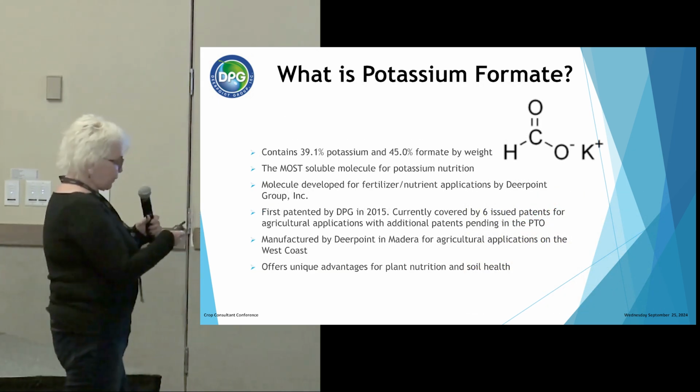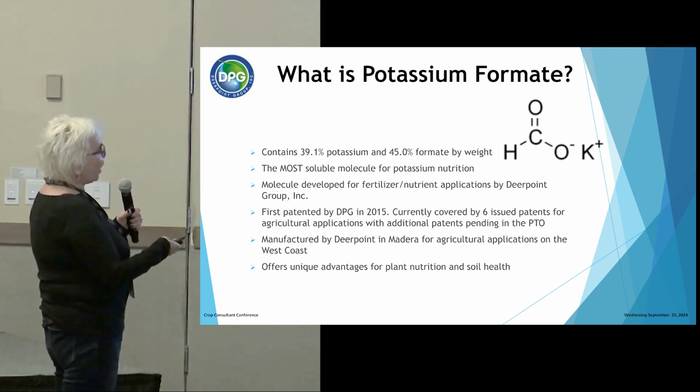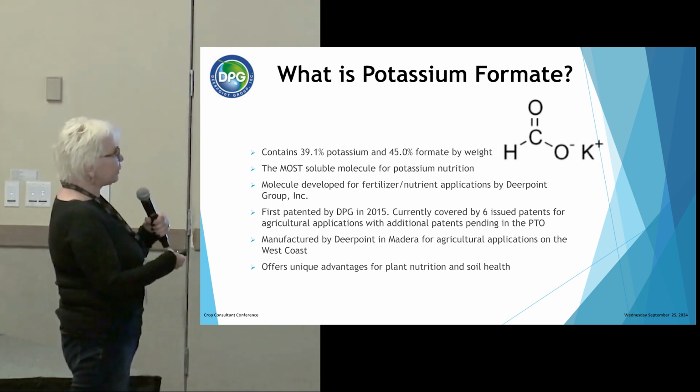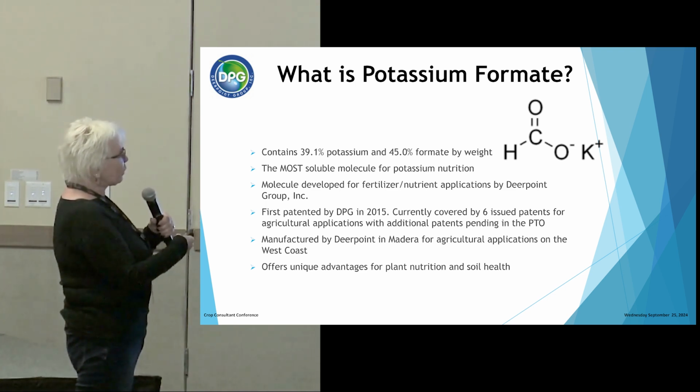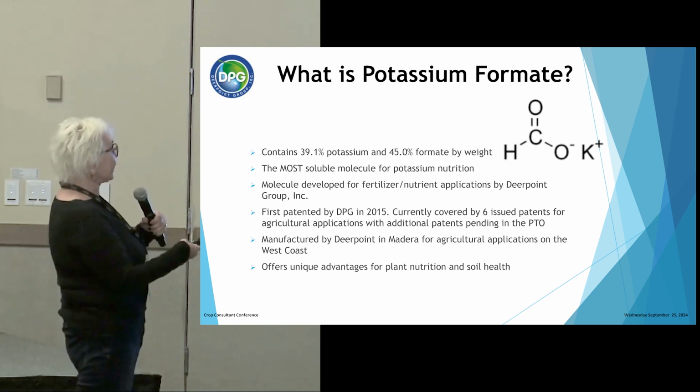So this is the molecule of potassium formate, and I'm going to highlight each molecule as I go through this so that you can see kind of the differences. And especially when we get to the solubility slide, size matters, frankly.